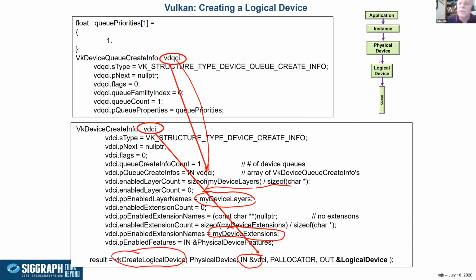And notice if you wanted to, you could have other logical devices that all pointed into the same physical device. The reason you might want to do that is you might want a logical device where certain layers are enabled and another where different layers are enabled, but they both point back to the same physical device. So you get the same rendering characteristics, but different characteristics based on the layers. The reason I could think of doing that, although I've never tried it, is if there's one part of your code that you're having trouble getting to work correctly.